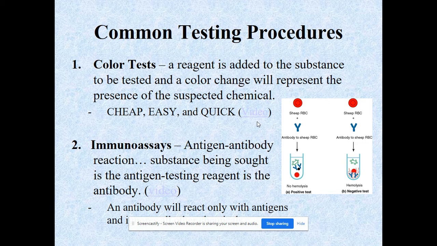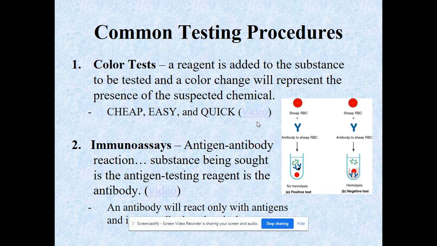We wanted to talk about the word presumptive because it was mentioned, and it's important to note that these rapid color change tests are presumptive tests, which means they're done as a first quick, cheap way to see if something suspicious might be a drug or poison that's worth collecting.